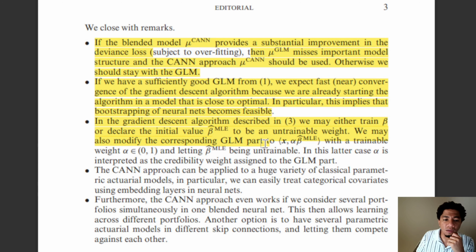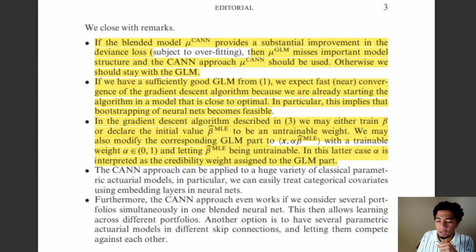You just have to make them trainable. Or you can make them untrainable, up to you. So there's really some flexibility here. And an additional flexibility is adding a weight, where this weight is trainable and can be interpreted as a credibility weight assigned to the GLM part.